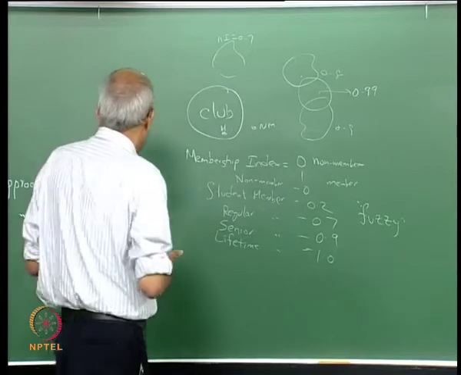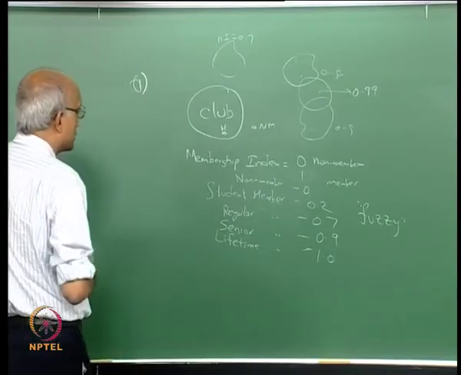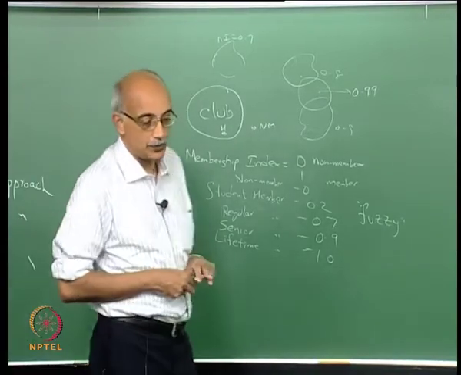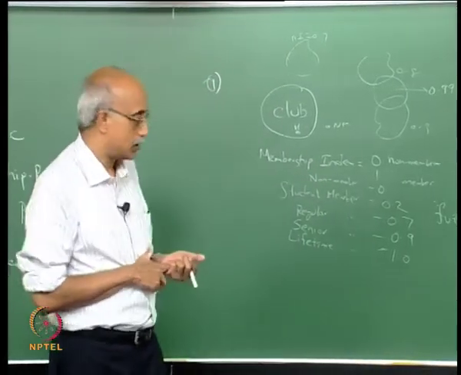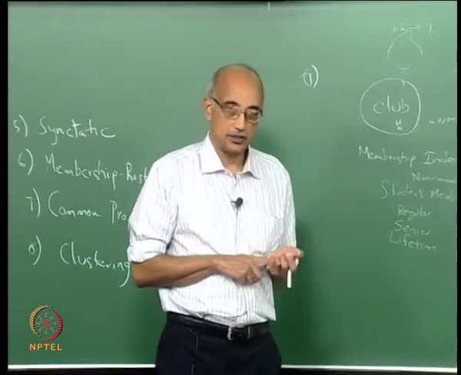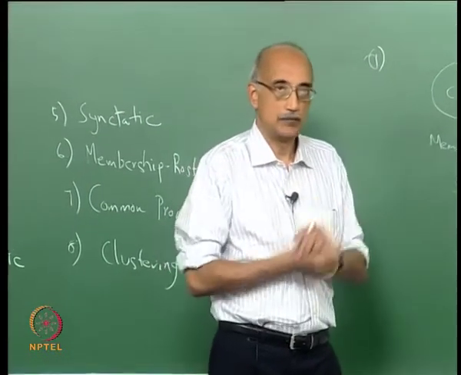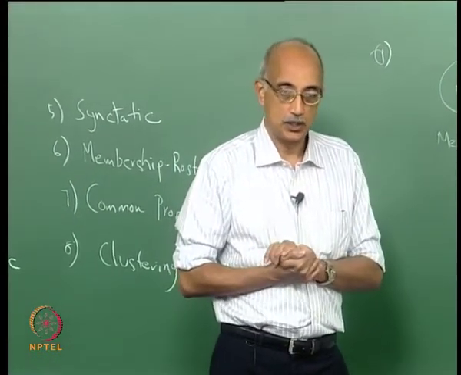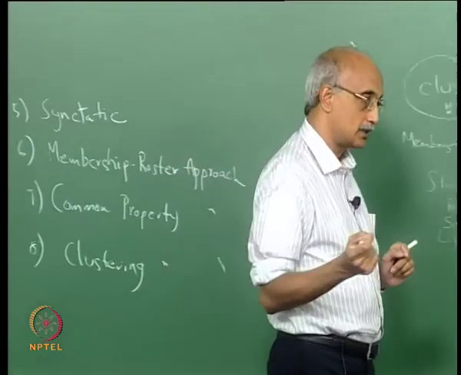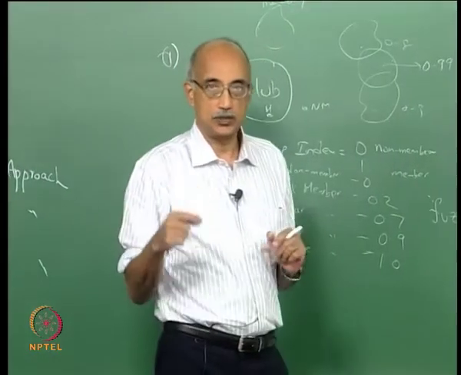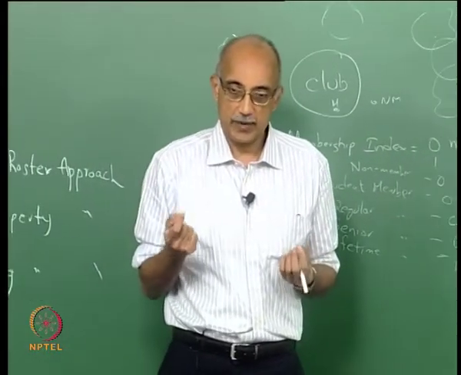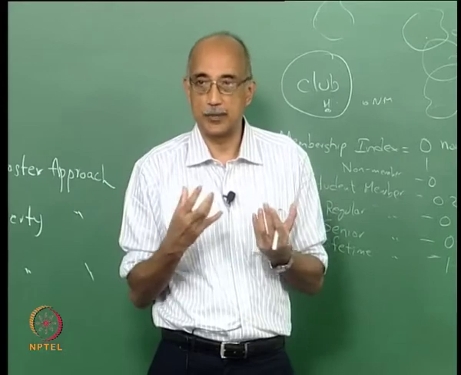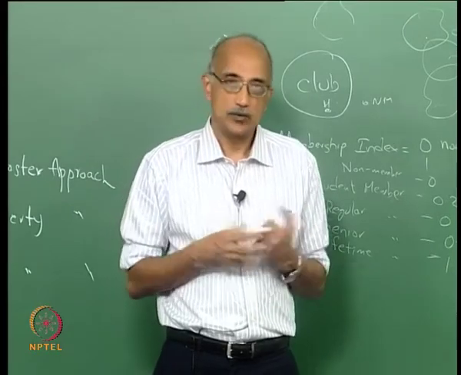Now the seventh approach, what we call the common property approach, basically what it implies is that if you are comparing the shape of a particle to various reference shapes, the reference shape that is likely to be closest to the shape of the particle you are analyzing is the one that will have the maximum number of common properties. So what do we mean by that?